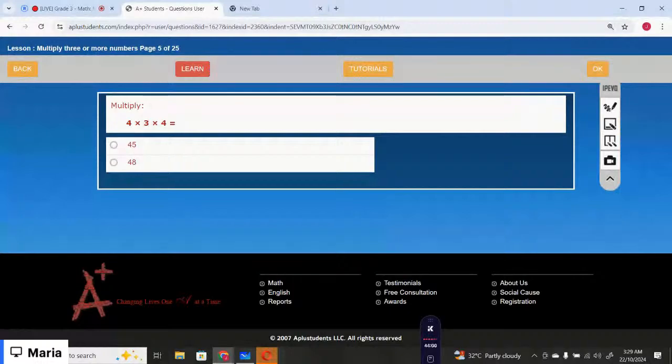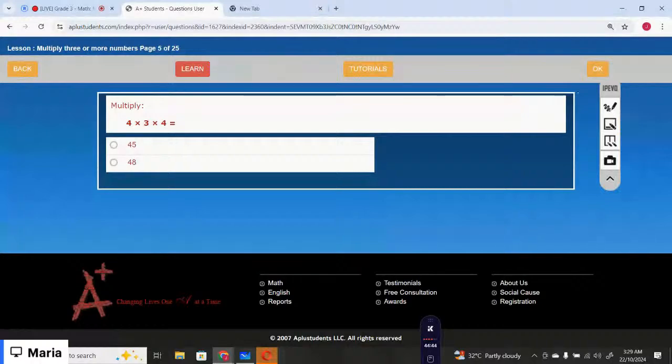4 times 3 times 4. So which is the correct option? Four times 3 is 12 and 12 times 4 is 48.